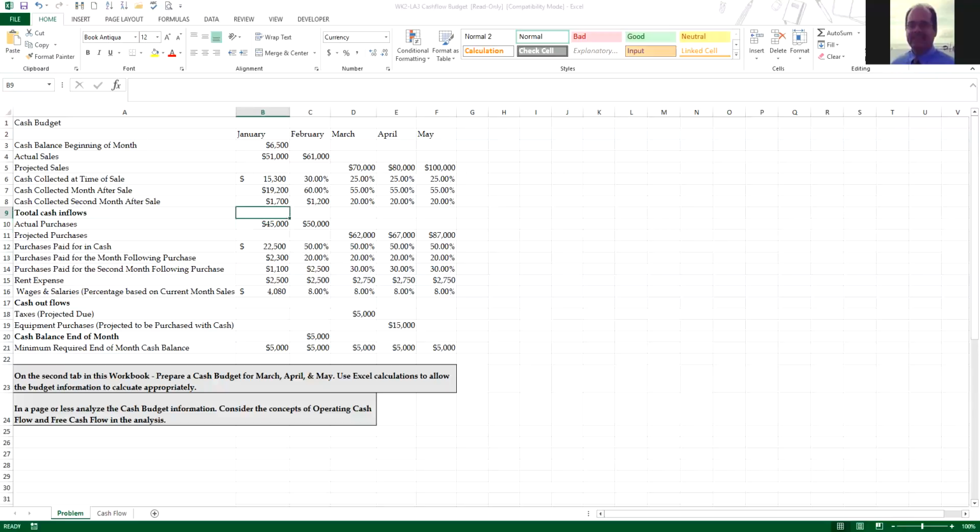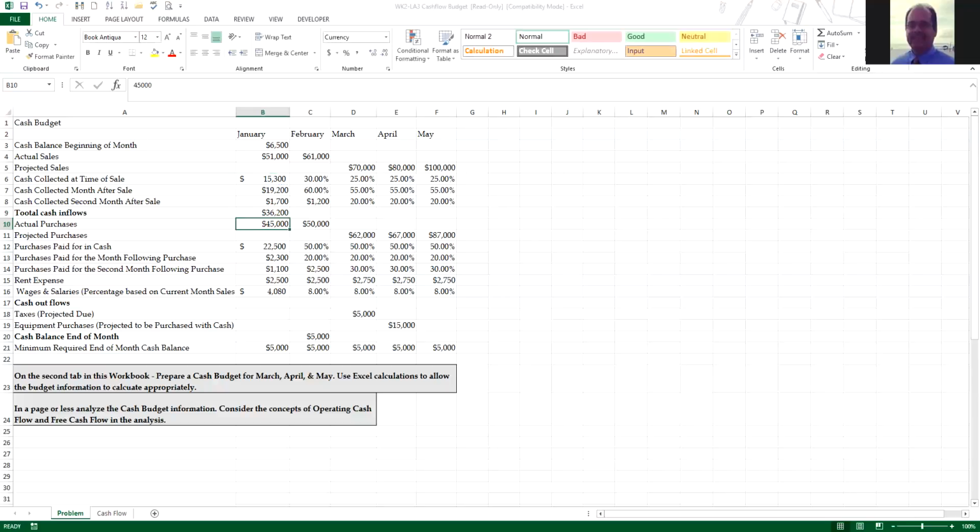So here we need to add all that up. As we do in Excel to enter a formula, equal, and we need to add those figures. To do that, you enter equals sum, open parentheses, click on the 15,300, drag it, hit enter, and there you have total cash inflows.